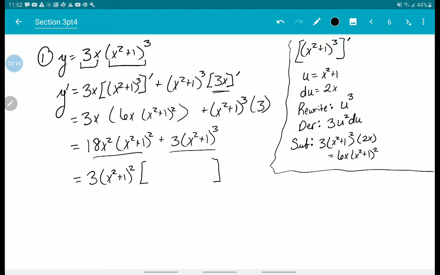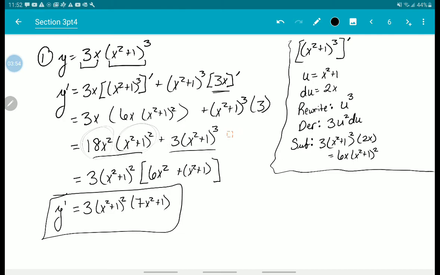So if we factor that out, factoring out a 3 from that 18x squared is going to leave us with a 6x squared. And notice we factored all of the (x squared plus 1)'s out. If we look at this, the only thing that's going to be left is the group x squared plus 1. Clean up your final answer. So this is 3(x squared plus 1) squared times (7x squared plus 1). So there's our derivative.